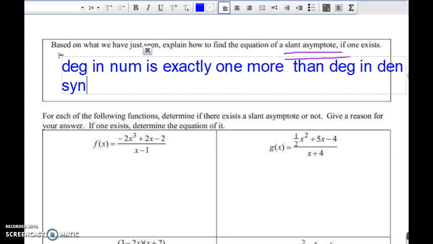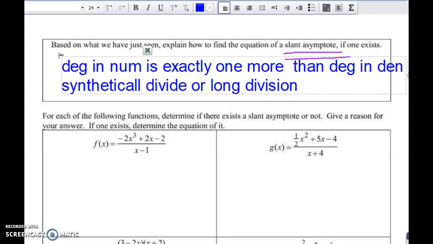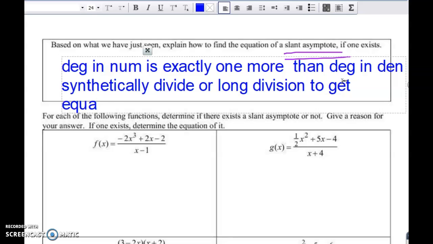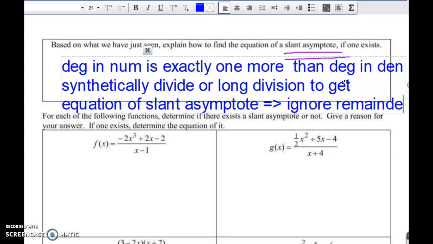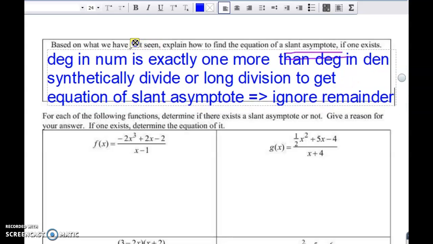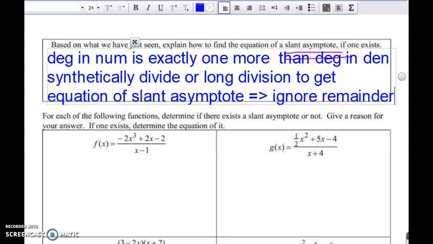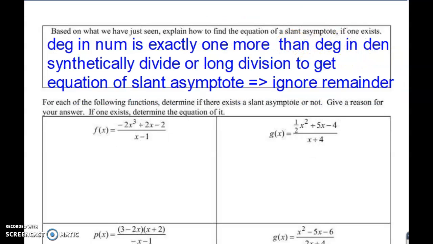And then either synthetically divide or use long division to get the equation of the slant asymptote, and make sure you ignore the remainder. There we go. Those are my own words. I don't think you'll see another math teacher explain it that way.